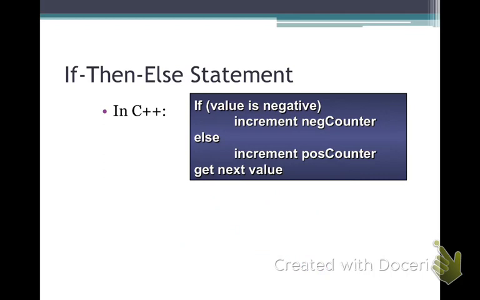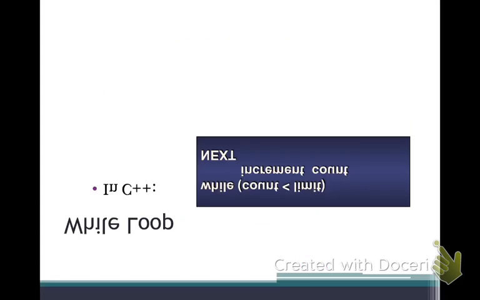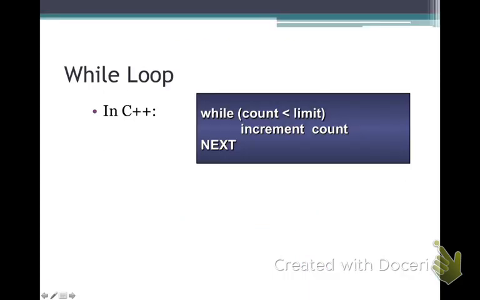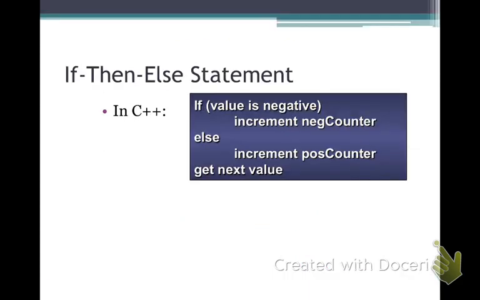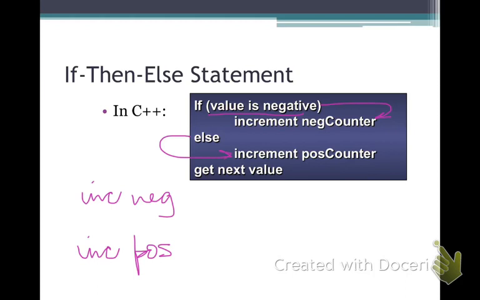Same thing here. If value is negative, I want to increment a negative counter, otherwise increment positive, and here I'm going to do a check. Here I say if it's negative, then do this, else do that. So here I'm going to say, under what condition do I not want to do this?